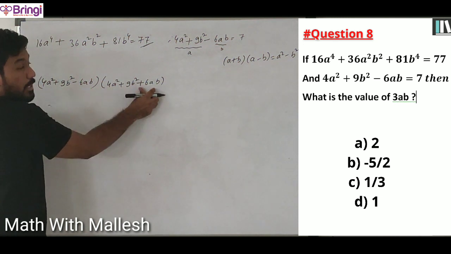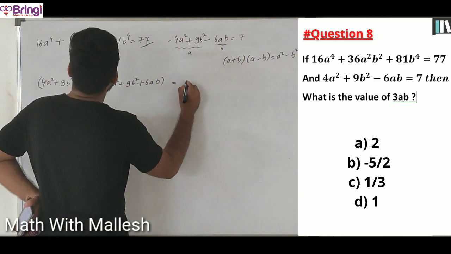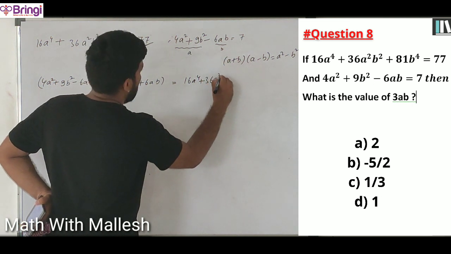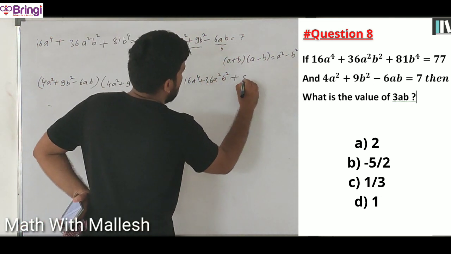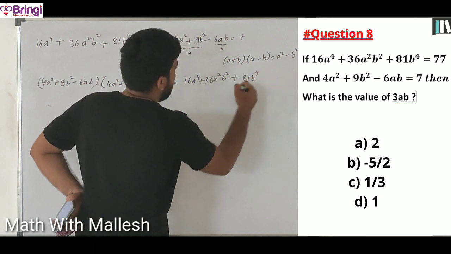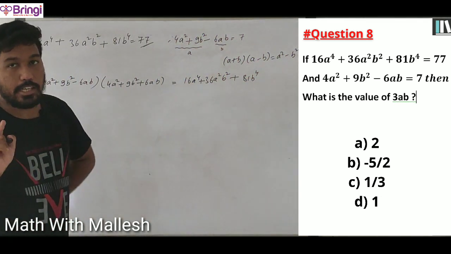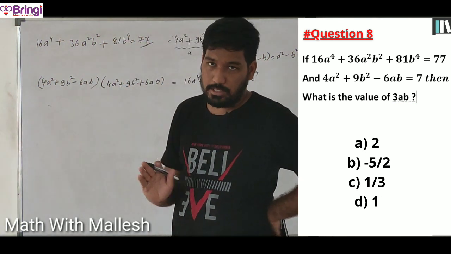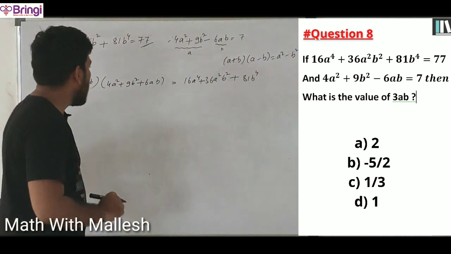Here minus 6ab, here plus 6ab is equal to 16a power 4 plus 36a square b square plus 81b power 4. This you need to write in your notebook very clearly, and this one there is no need to write in your final examination. I am telling you for the clarity.